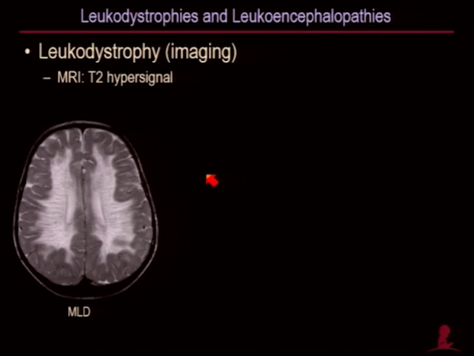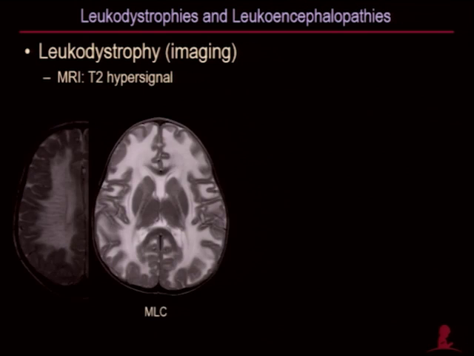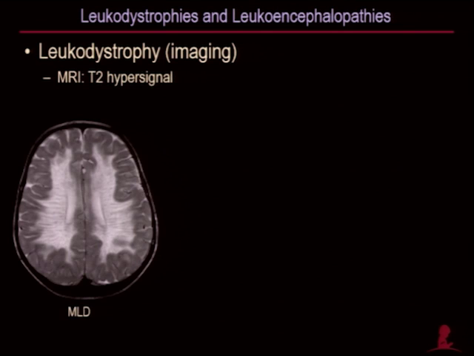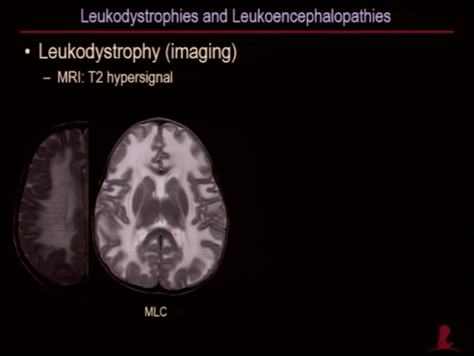However, it's very generic when we say T2 hypersignal, right? So this is T2 hypersignal, so you may want to call it leukodystrophy, and this is T2 hypersignal, and you can quite legitimately call it leukodystrophy, but it's a totally different condition. This was metachromatic leukodystrophy. This is now a megalencephalic leukodystrophy with subcortical cysts.